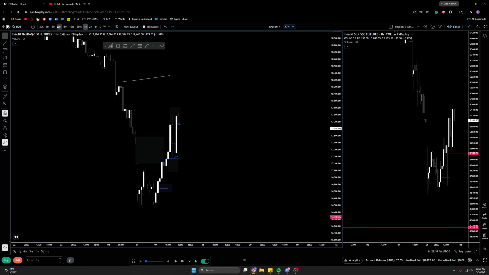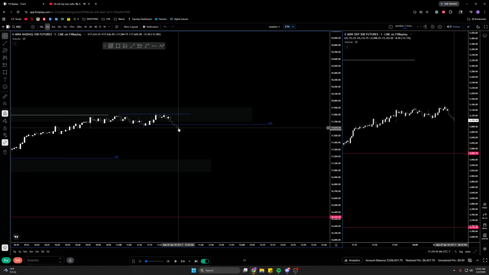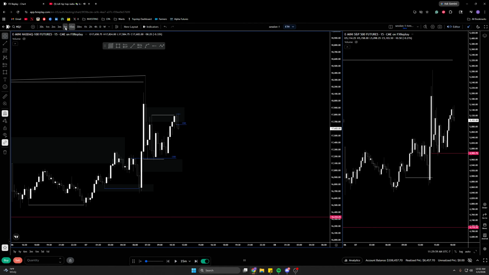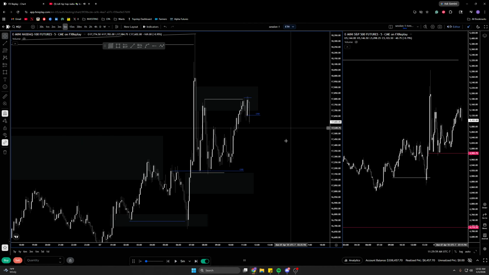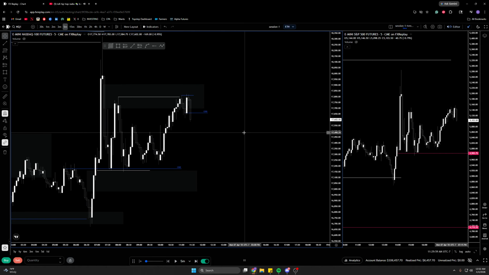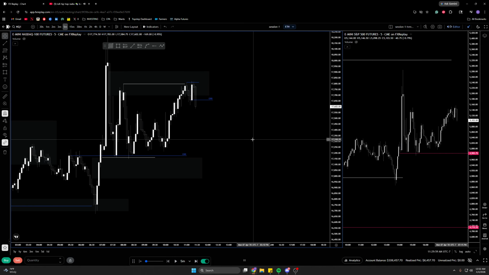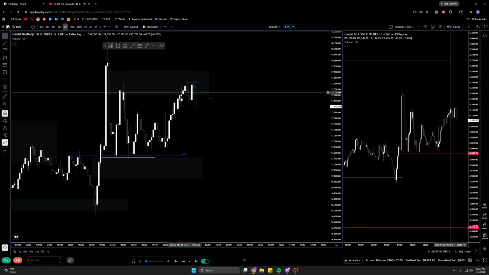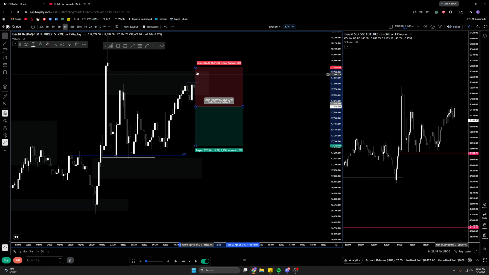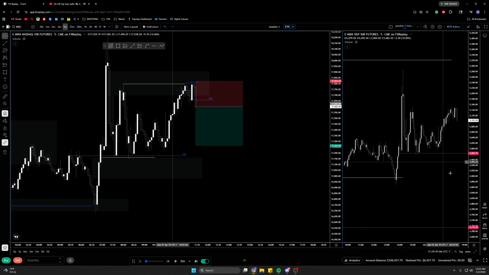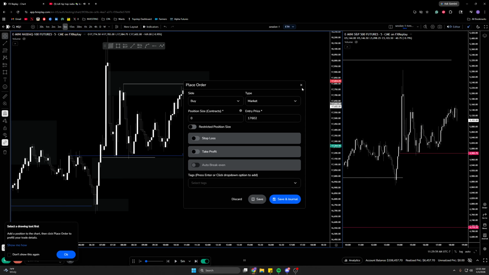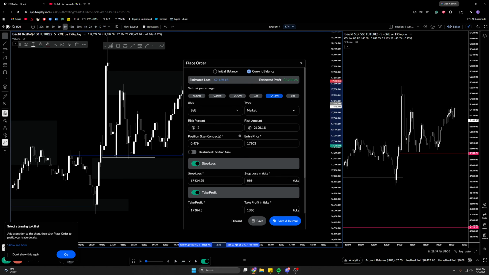What time is it hourly? 30 minutes until that hourly closes. I feel like this should just get ran through all of these right here. I'm gonna go ahead and take this, changing the state, stop loss at manipulation. I'm gonna take this with one contract.